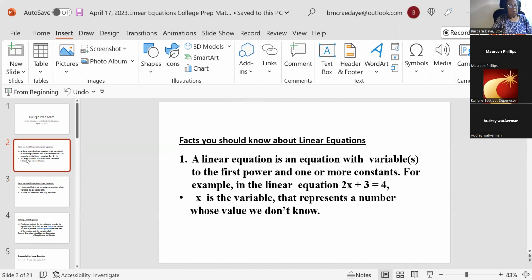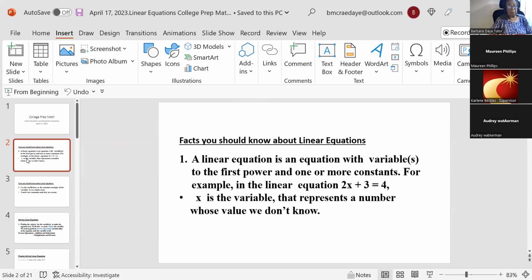Okay, things you should know about linear equations. Some of this is review, but you want to make sure you know what a linear equation is. We know when we plot it, we get a straight line, right? But now some things you should remember: when you have variables, they are always in the first power, never more than the first power.